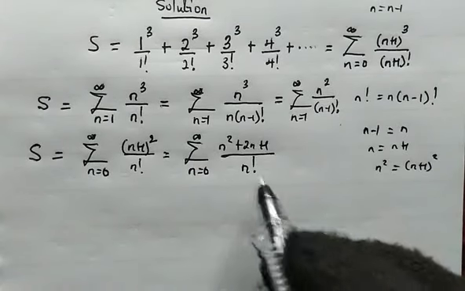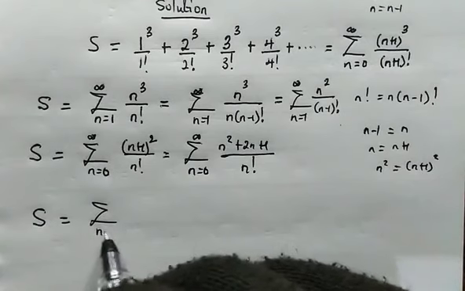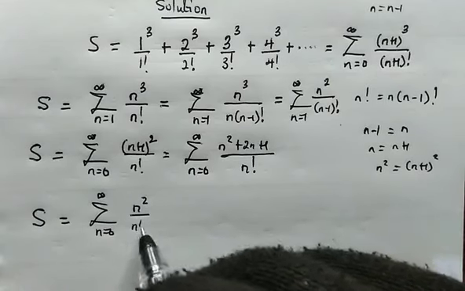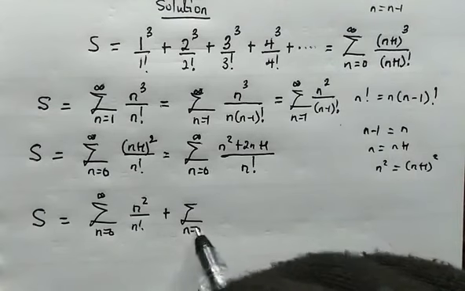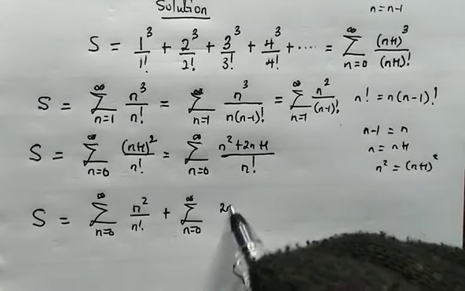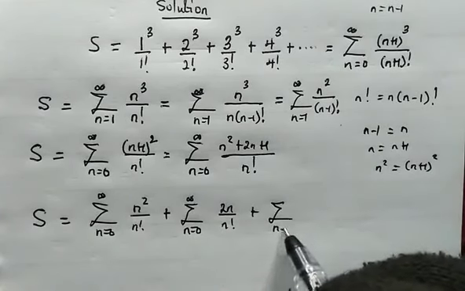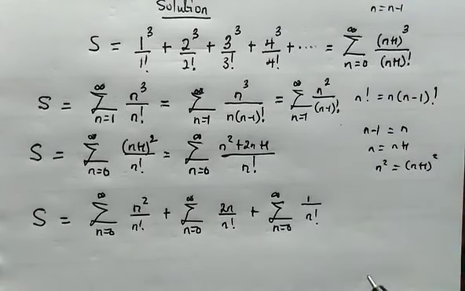Now here we're going to split the numerator. We have the sum as k goes from 0 to infinity of k squared over k factorial, plus the sum as k goes from 0 to infinity of 2k over k factorial, plus the sum as k goes from 0 to infinity of 1 over k factorial.